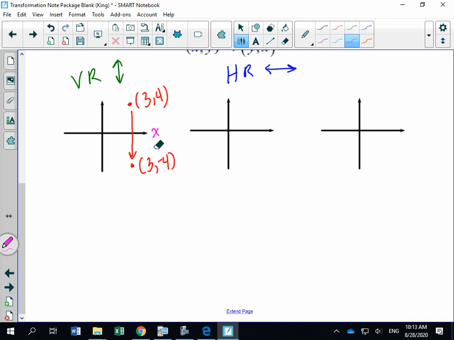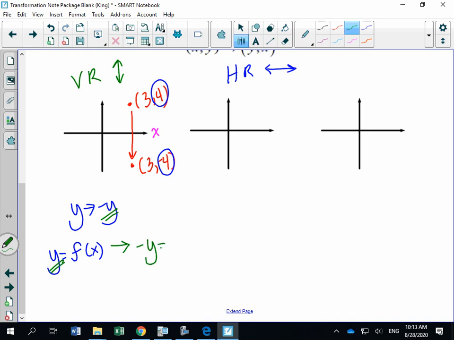A couple of things with vertical reflections. Remember that y becomes negative y, right? So this 4 becomes negative 4. And the other way that we're going to tell a vertical reflection is if I give you the function y = f(x) and I say have this undergo a vertical reflection, well, we're going to take out y and put in negative y.